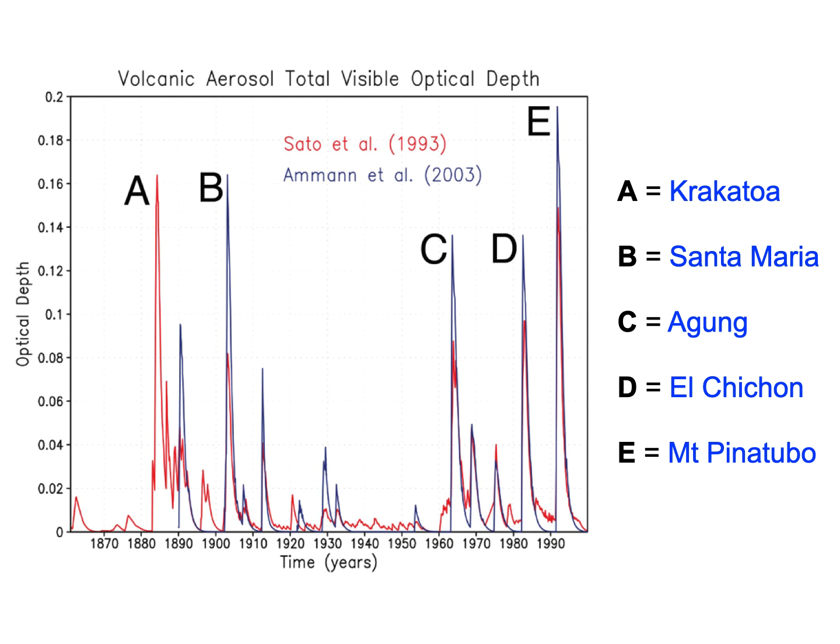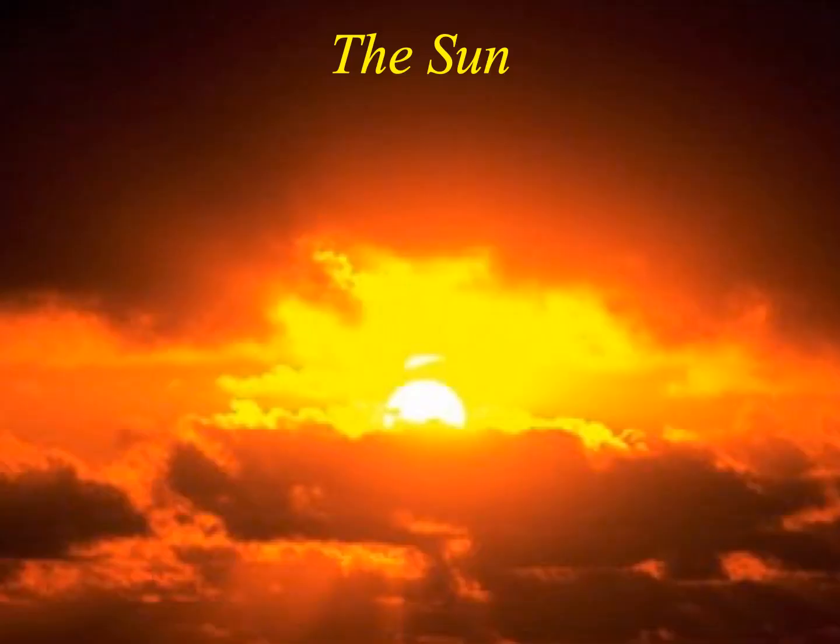So some previous eruptions include A, Krakatoa, B, Santa Maria, C, in 1963, Agung, 1981, El Chichón, and then 1993, Mount Pinatubo. The final factor I want to talk about in terms of climate change is the sun.